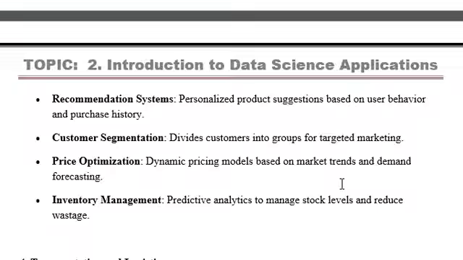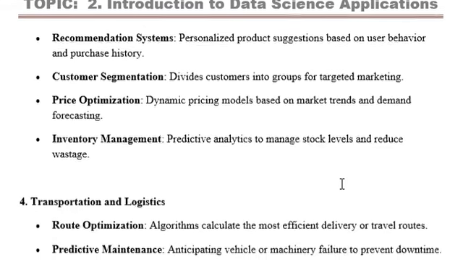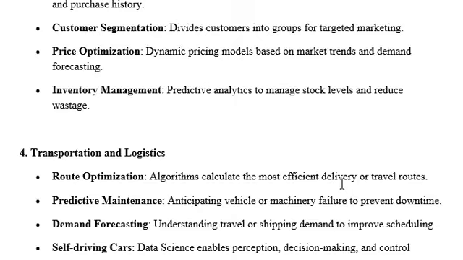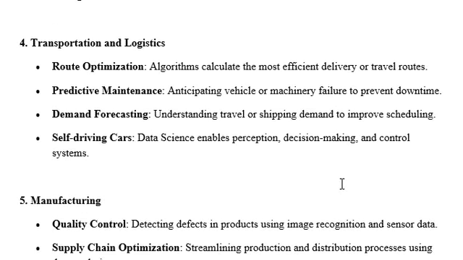That is where data science is being used. And customer segmentation, where it divides customers into groups for targeted marketing. Then we have price optimization, with dynamic pricing models based on market trends and demand forecasting. Inventory management, where predictive analytics manage stock levels and reduce wastage.